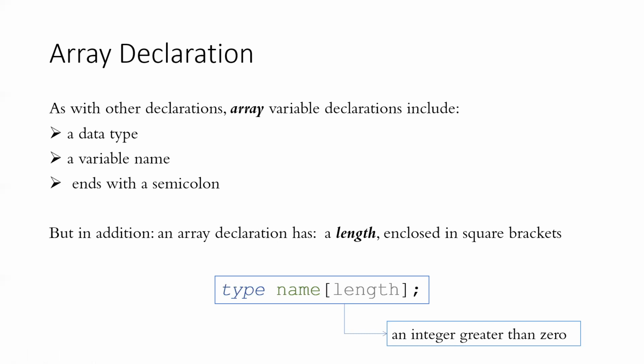First, you specify the type and then the name of the array, followed by the length, which is enclosed by the square bracket. Just a few things to remember: the length should be an integer that is greater than 0, and the type can be any valid C data type.